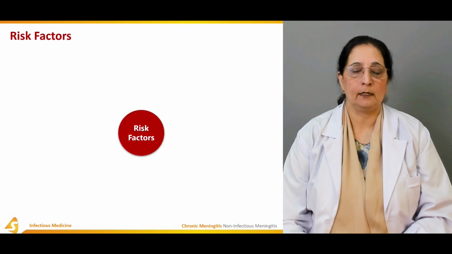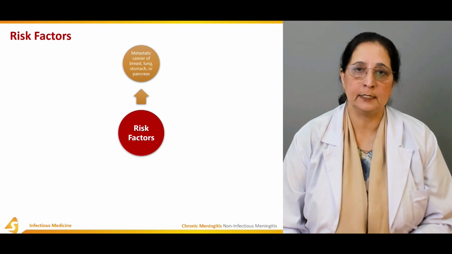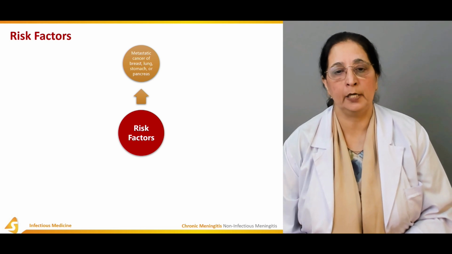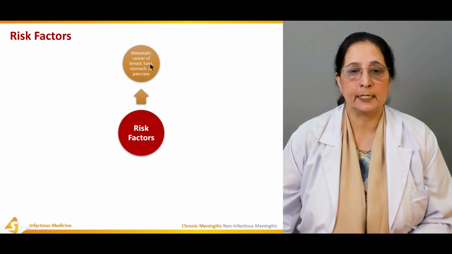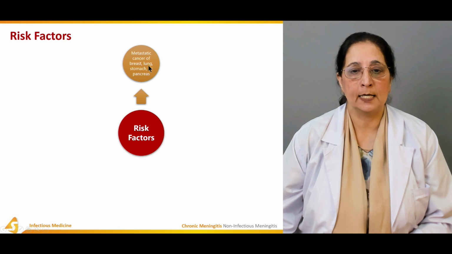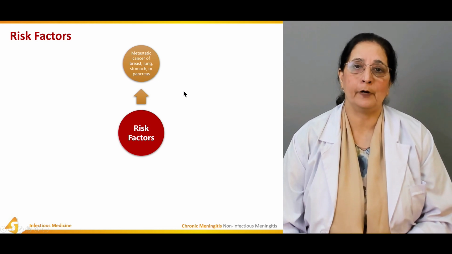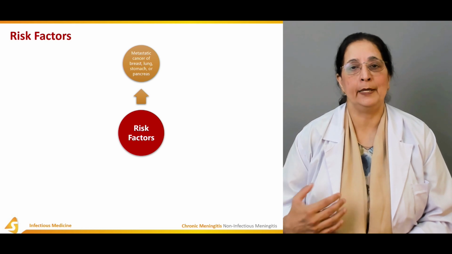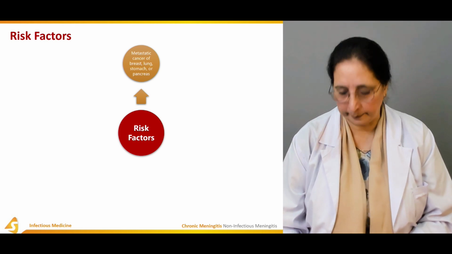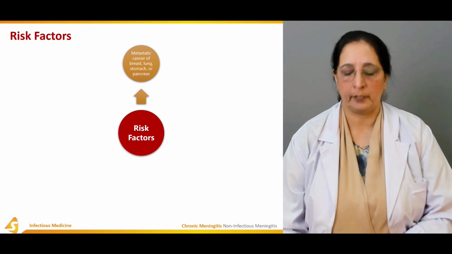Risk factors associated with malignancy-associated chronic meningitis: metastatic cancer of breast, lung, stomach, or pancreas. These are the primary sites which mainly metastasize to the meninges, causing meningeal inflammation.